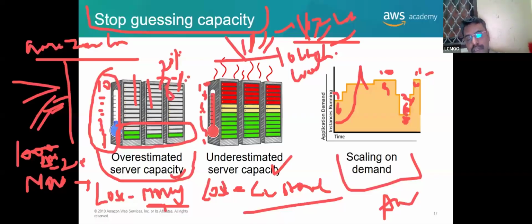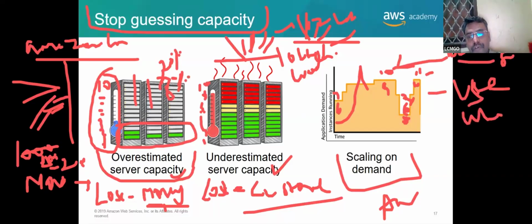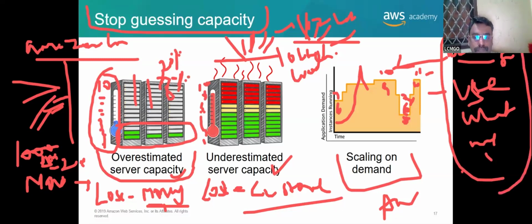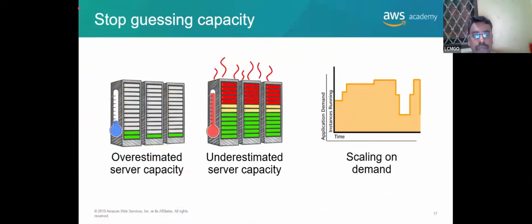We are going to pay only for what we use. That's what AWS, that is the cloud, is doing. That's why it is scaling on demand, that means whenever the requirement is there, it scales up, and it reduces whenever the demand is not there. That's the plus point. What advantage? Stop guessing capacity, we don't have to worry about the capacity.